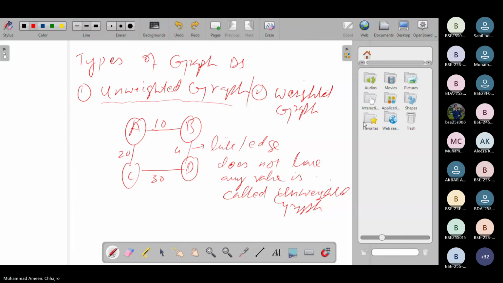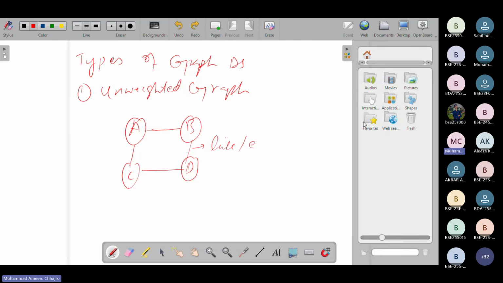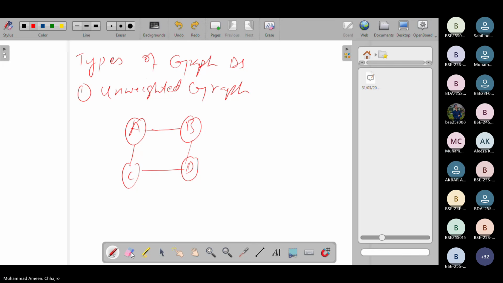So now the third type or category of the graph is called the undirected graph.